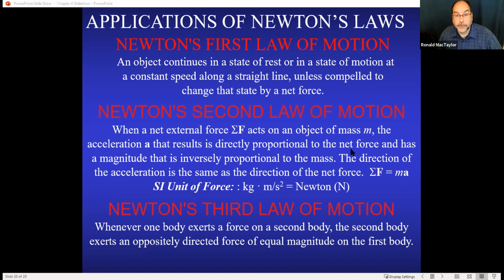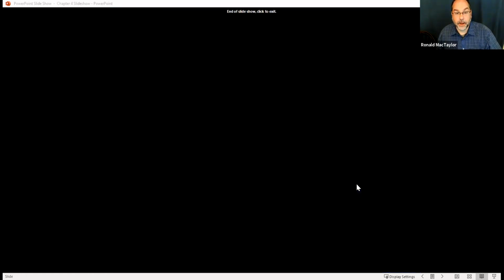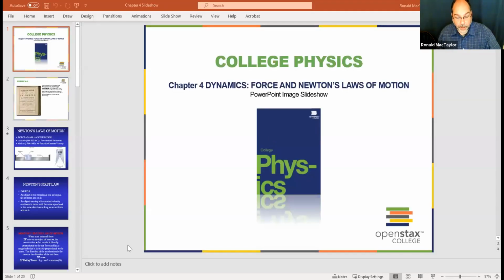So we will go back and use those kinematics equations. Typically you use the Newton's second law force equation to gain some insight into the acceleration, and once you have that acceleration, you would use the kinematics equations.